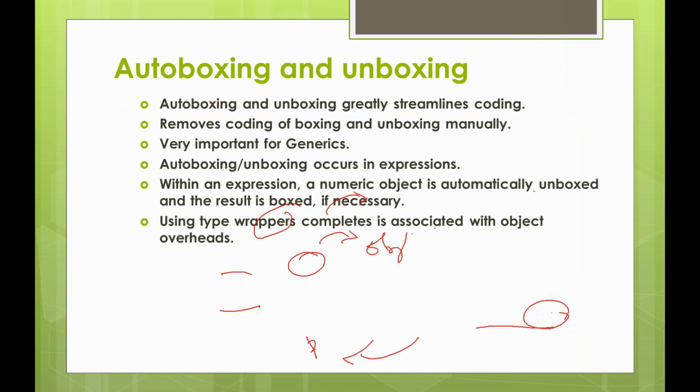So these are some advantages. We will see what generics are. When we tried to do generics, if you wanted to create an object which can hold only numeric values, we used to have a lot of difficulties.